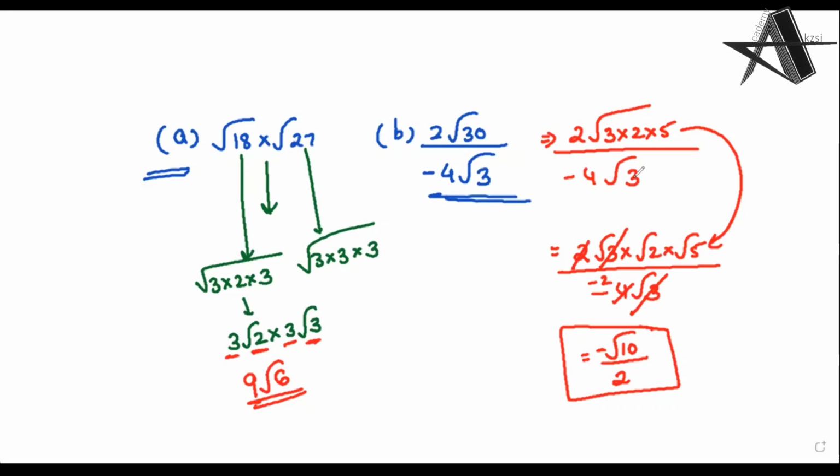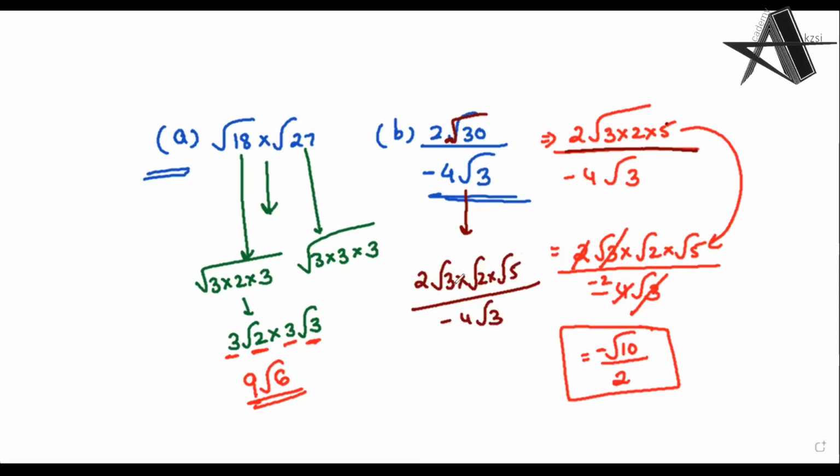See, the last one is whether you can simplify or you can't, you have to split that. So what I did, I split root 30 into root 3, 2, 5, prime factorized it. Minus 4 over root 3. Now this can be written as 2 times root 3 times root 2 times root 5 over minus 4 root 3.